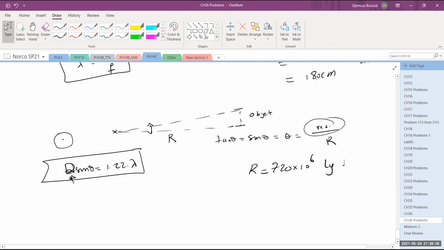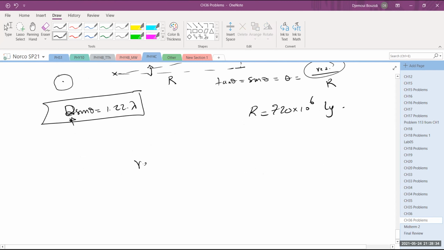All we need is the resolution, which is R times sine theta, and sine theta is equal to 1.22 lambda over D. So the resolution is R times 1.22 times lambda over D. D is 77,000 kilometers, and R is equal to 720 million light years.